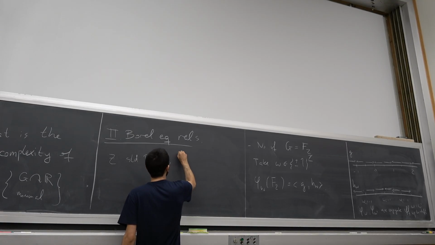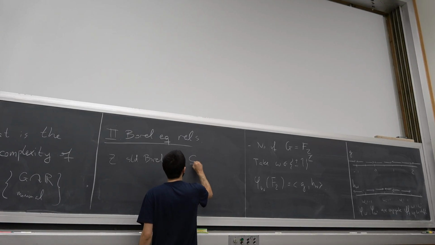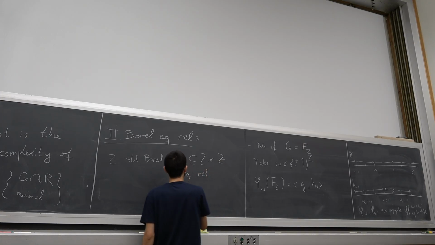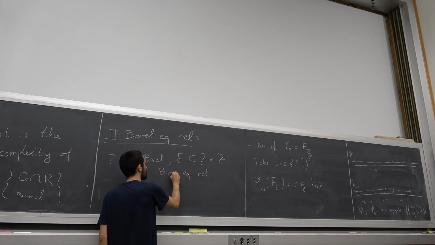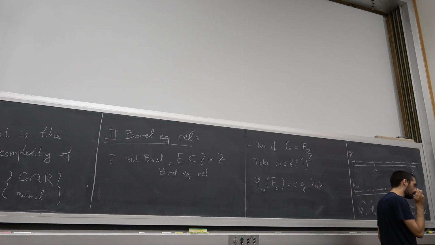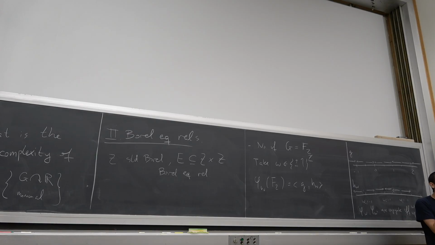And you want to solve the classification problem, and examine the complexity of the classification problem given by an equivalence relation in this product, which I will assume is Borel, the subset. For instance, geometric structures on a manifold or classes of dynamical systems. These are things you want to classify.